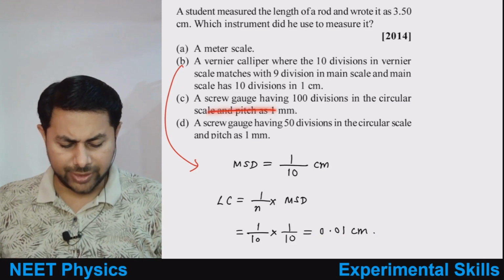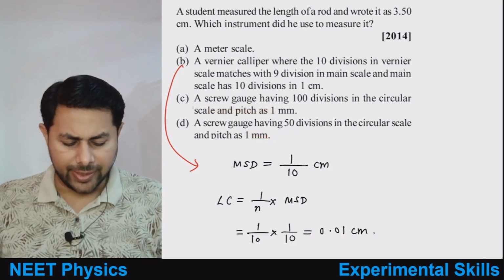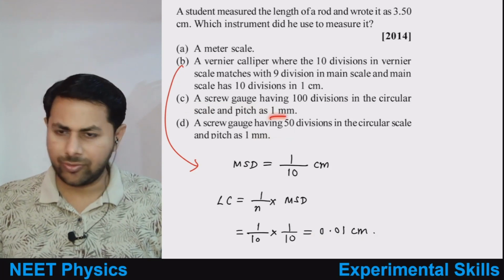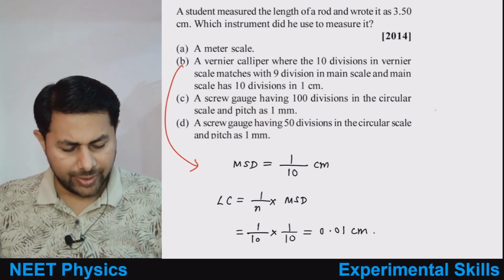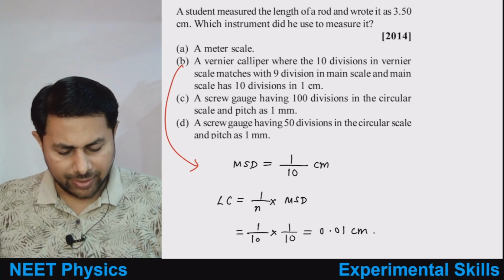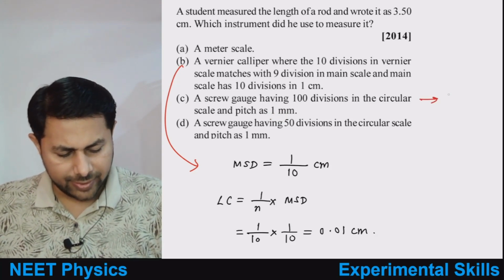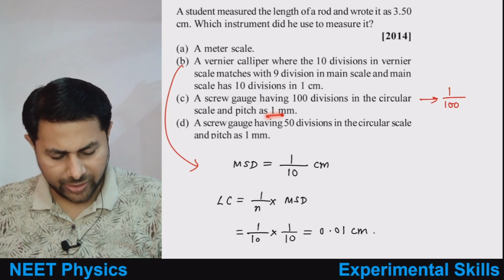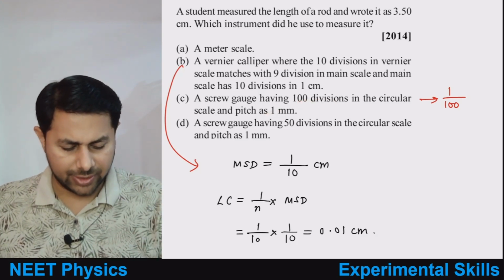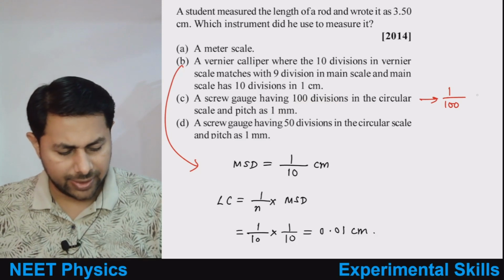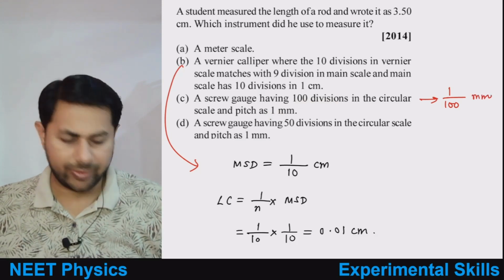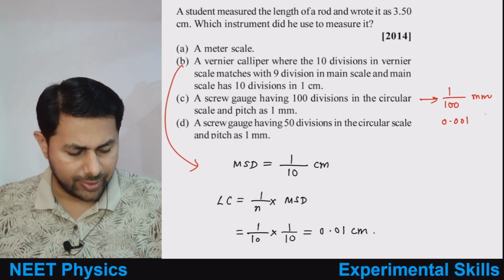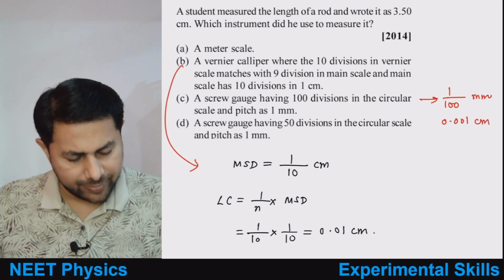Now you don't need to check the other options, but we'll check. A screw gauge having 100 divisions in the circular scale and a pitch of 1 mm. So the least count of option C is 1 by 100 of 1 mm, because the pitch is 1 and there are 100 divisions in the circular scale. That is 0.001 of a centimeter.